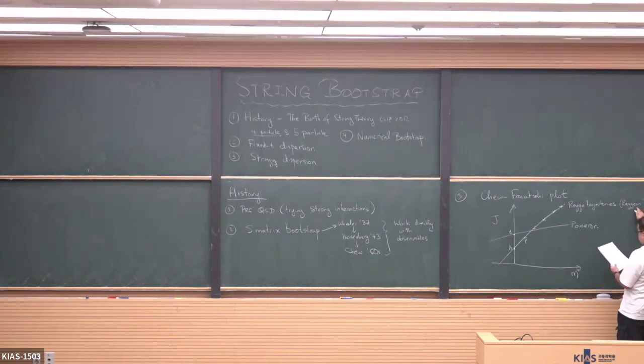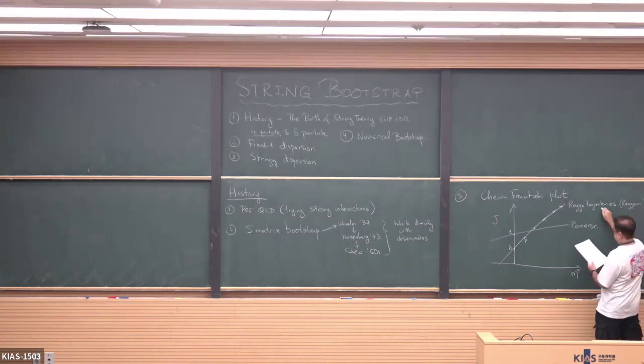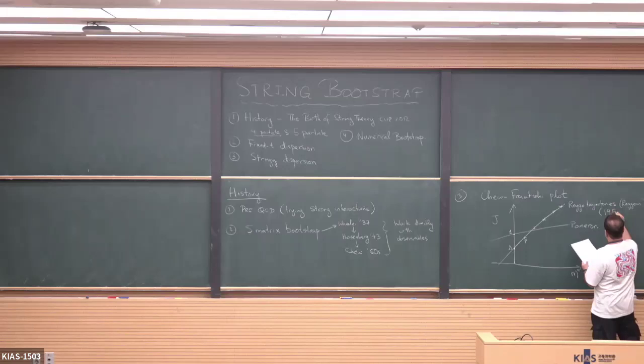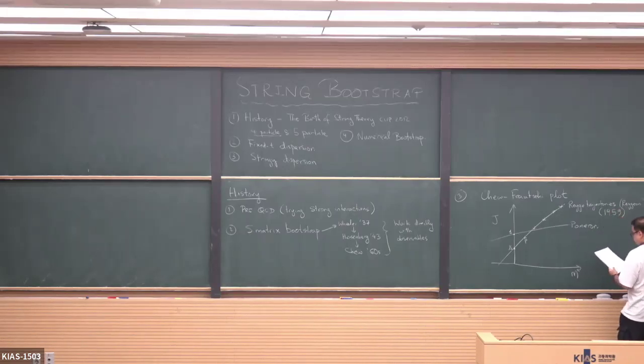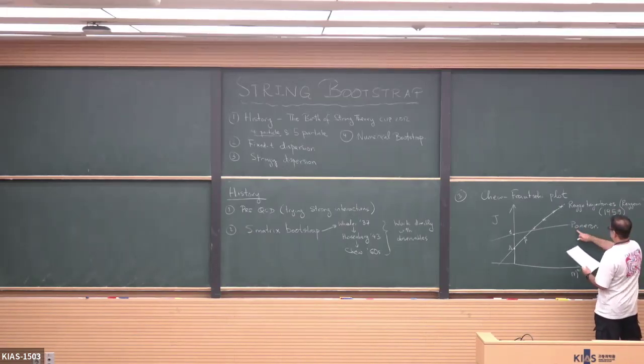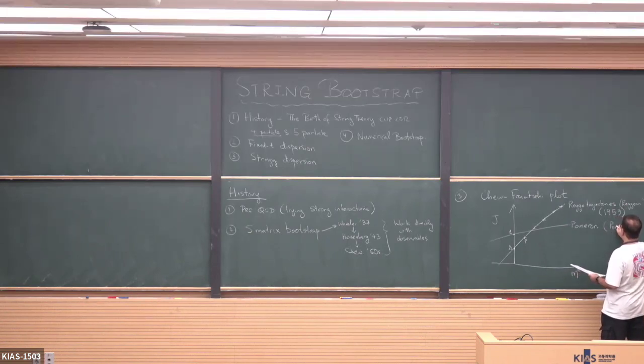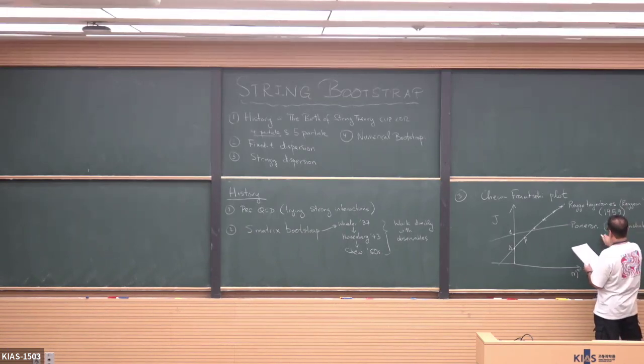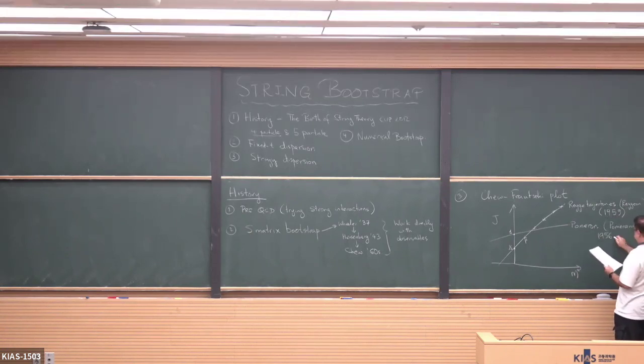So just to give you a time scale, the Regge trajectories were, roughly speaking, in around 1959. And the Pomeron was named after Pomeranchuk. Depending on where you want to give credit, it is either 1956 or 1963.